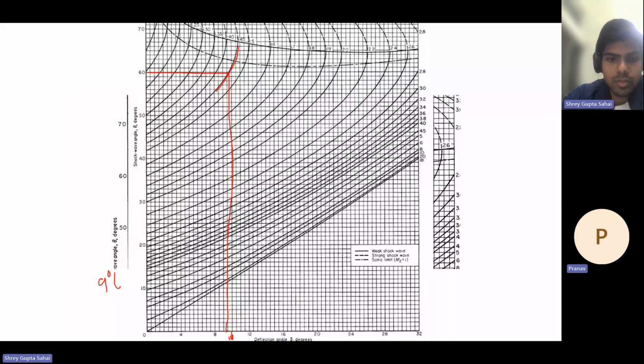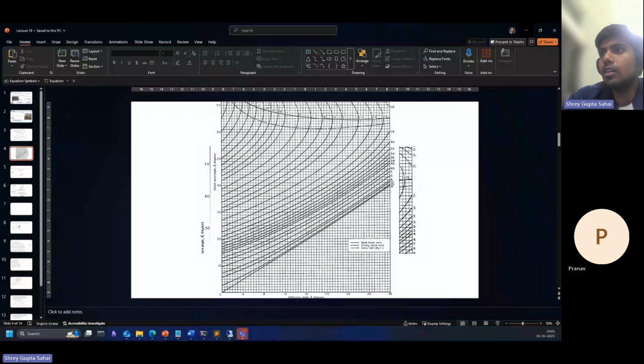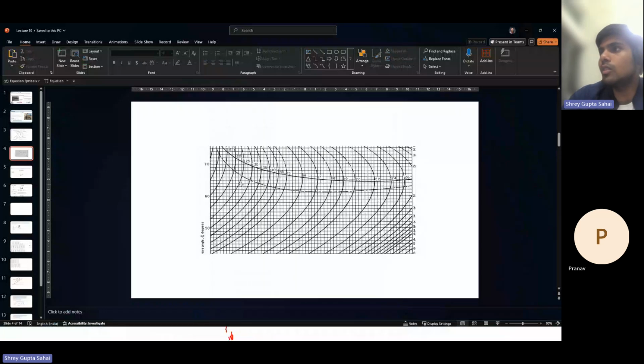So now we have M1 and the deflection angle.